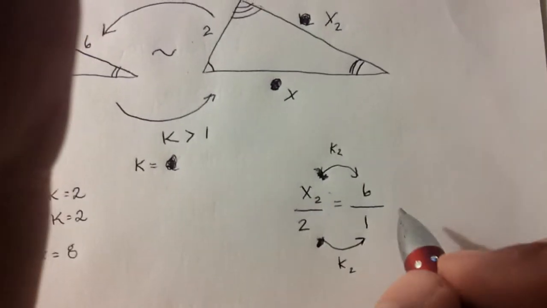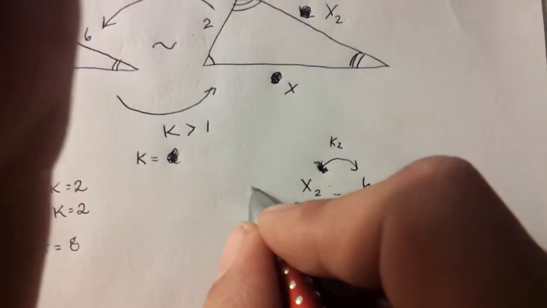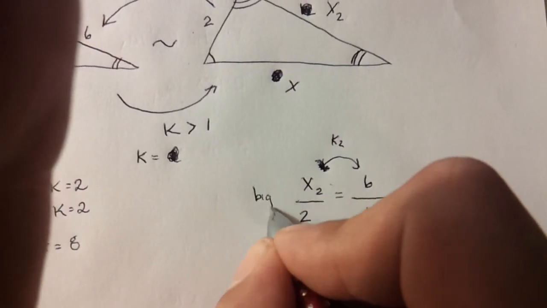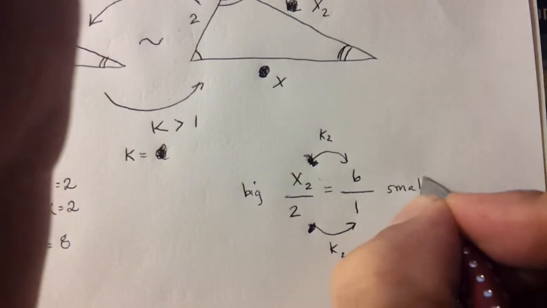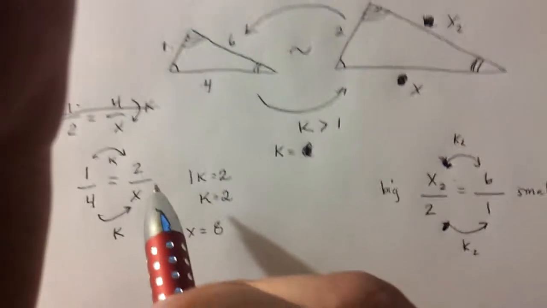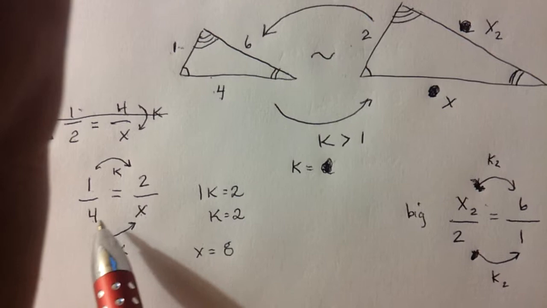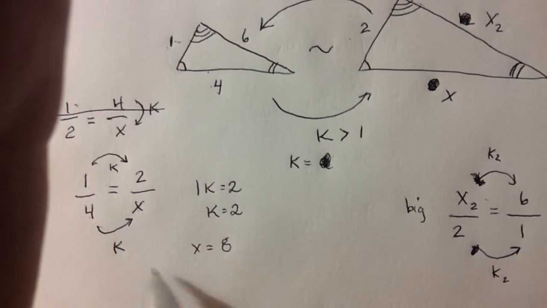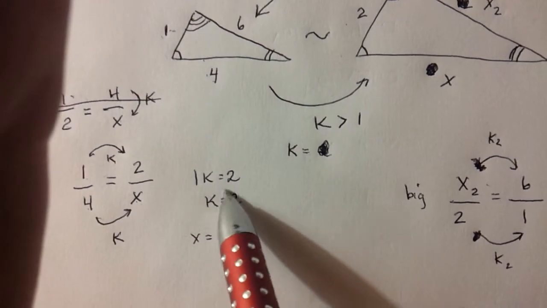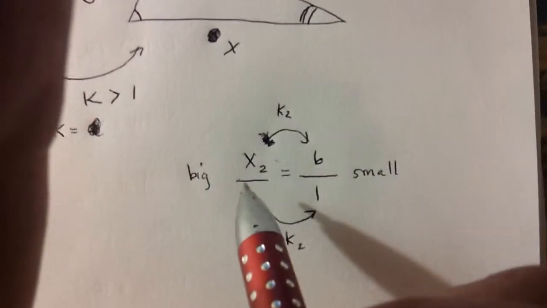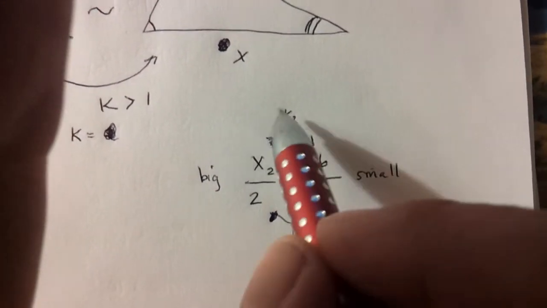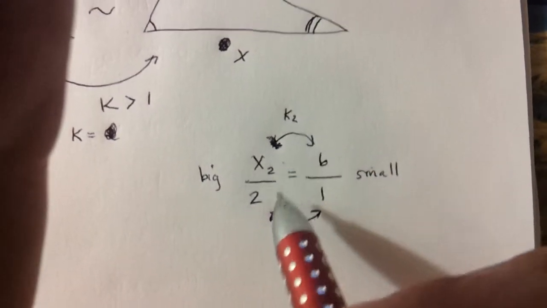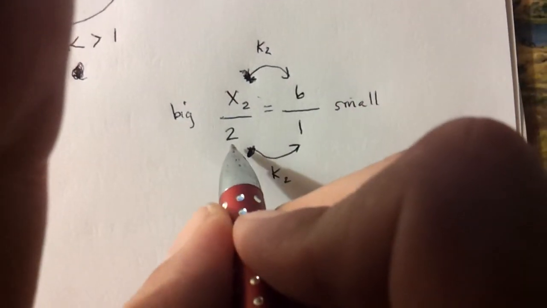Now we have big going to small when we go left to right, and this is a reduction. This one over here went small to big, so we knew it's an enlargement and our scale factor was going to be greater than 1. Over here we're going big to small, and that means that our scale factor is going to be between 0 and 1.